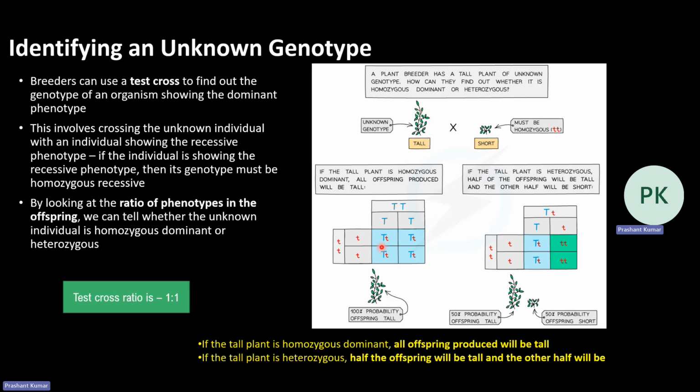So we have done the crossing and we are getting all tall plants, right? But in the second case, when we are crossing, we are getting 50% tall and 50% short plants. And here 100% of the plants were tall. So the answer is there's a 50% chance of the offspring being tall and the rest 50% being short.